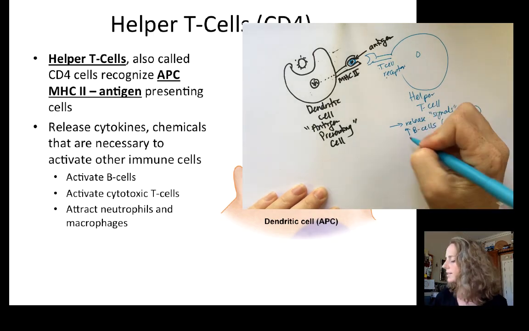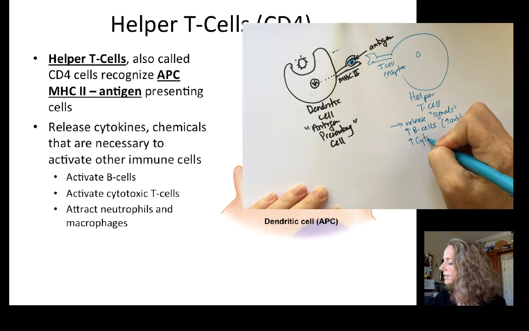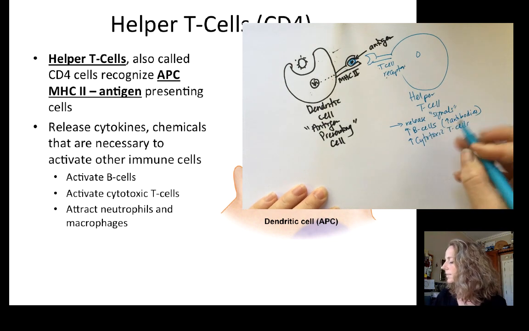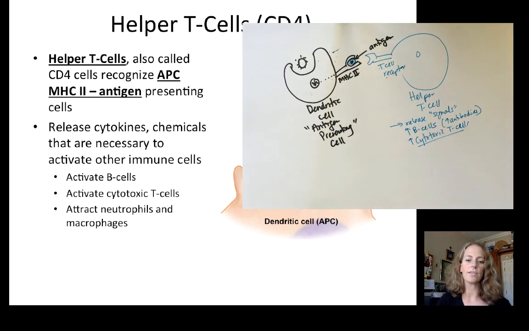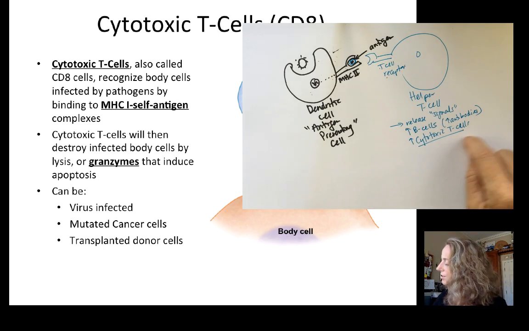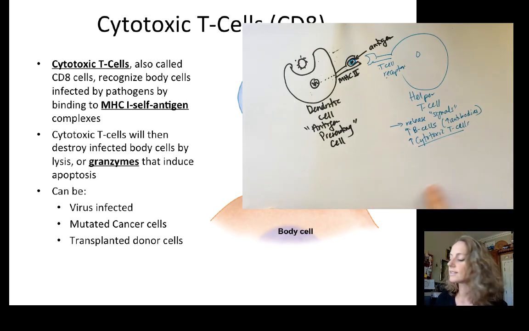And they're also going to activate something called cytotoxic T cells. The cytotoxic T cells are going to then take that information and start to look in the body for infected cells.